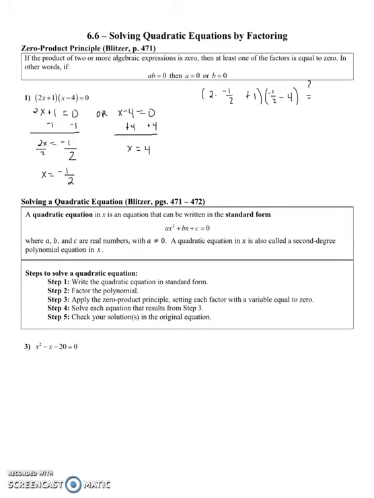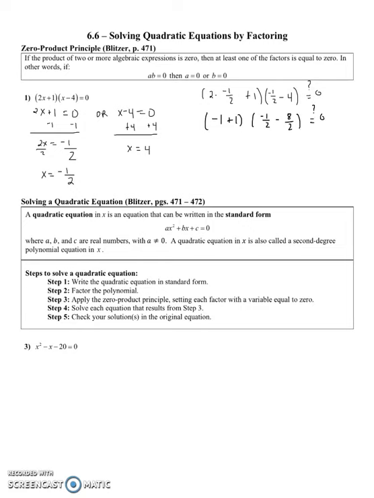And we want to know if that equals 0. Well, let's see. We have 2 times -1/2 is -1, plus 1, times -1/2 - 4, which is -1/2 - 8/2 if we get a common denominator.